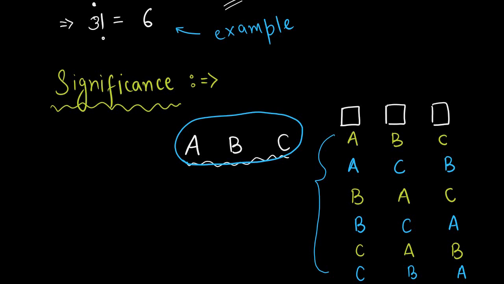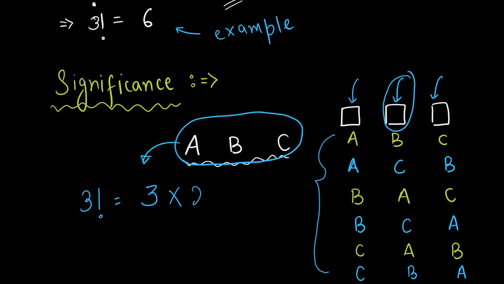Because the students were 3, we're going to use 3 factorial. The first student has 3 ways: either be seated here, or here, or here. Suppose he has chosen this seat. So the first student has 3 seats, then the second student is left with 2 seats, and the third student C is left with just one option.